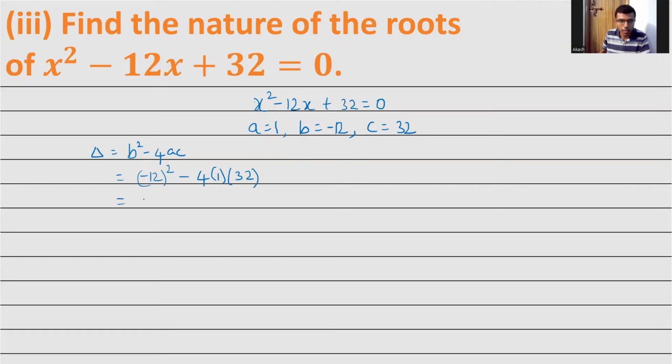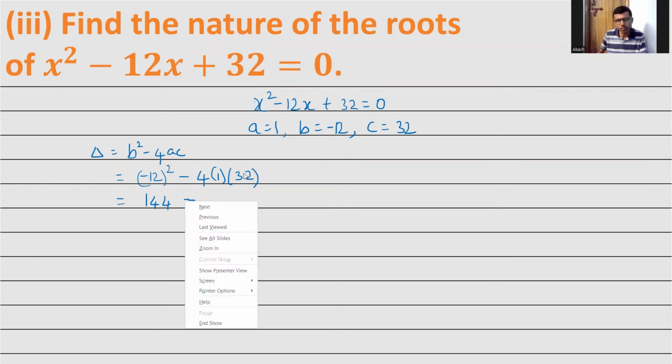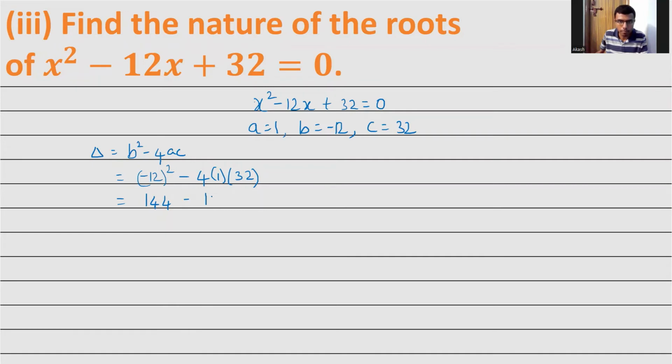So that's going to be 144 minus 4 into 32, which is 128. So this would be nothing but 16. And 16 is a perfect square. 16 is nothing but 4 square.